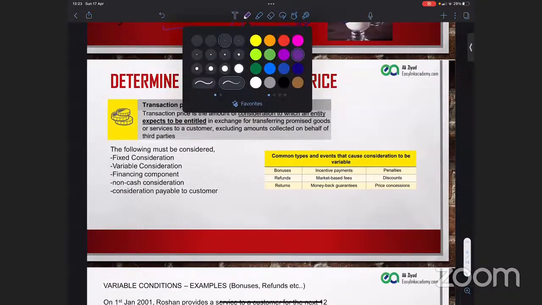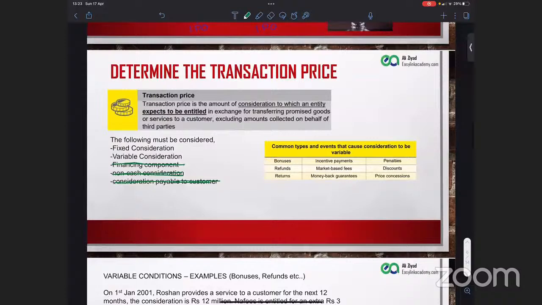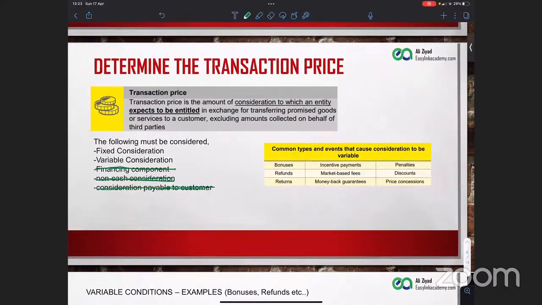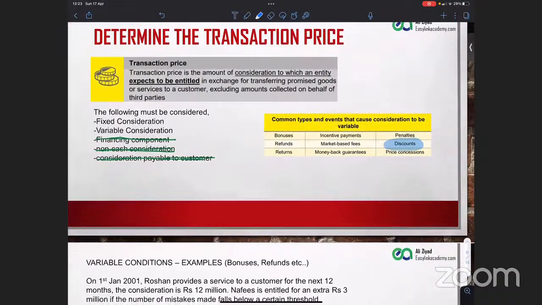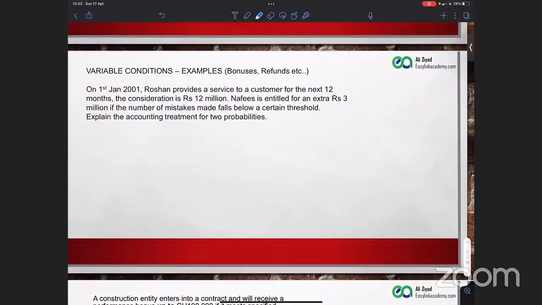Whatever is below variable consideration, financing component, non-cash consideration, and consideration payable to customer, is advanced. So we are looking at fixed consideration and variable consideration. Under variable consideration, we will only be looking at bundle discounts. Only discounts, nothing else. We don't have to learn money back guarantees, bonus, or penalties. Nothing, guys.